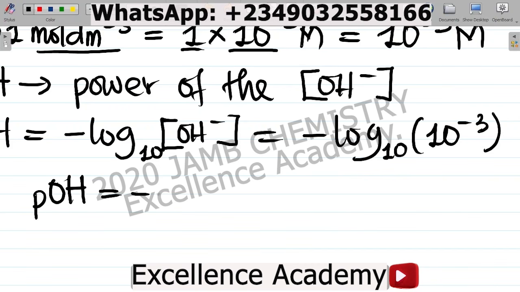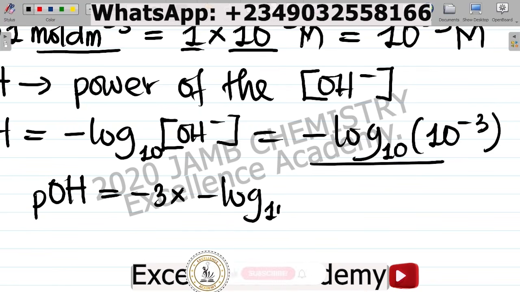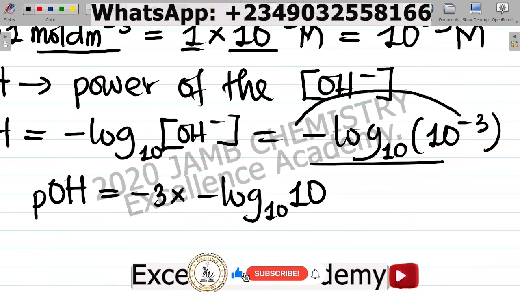So that becomes minus 3 times minus log 10 to base 10. So basically this power here came down here, to multiply, that's all.